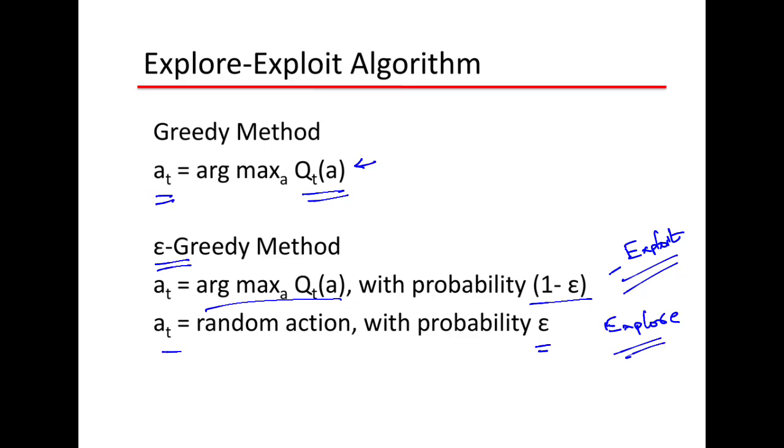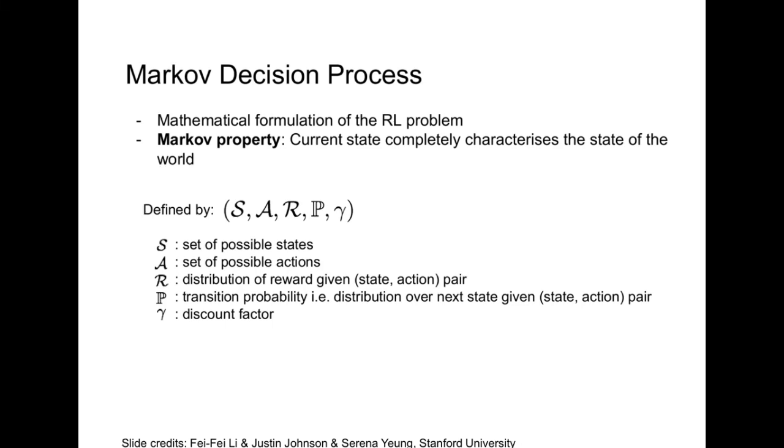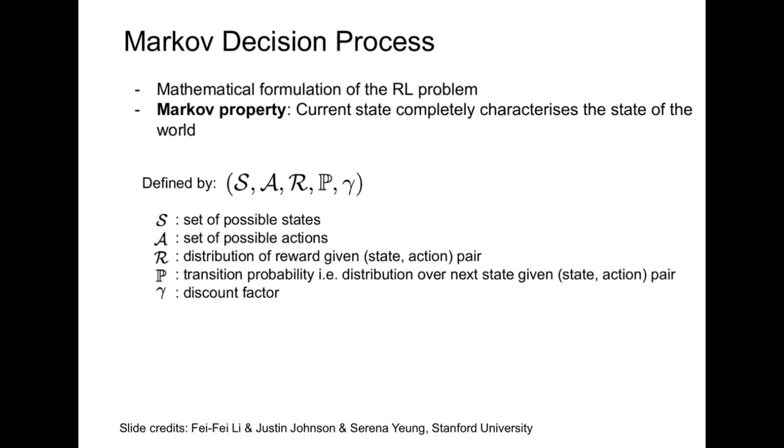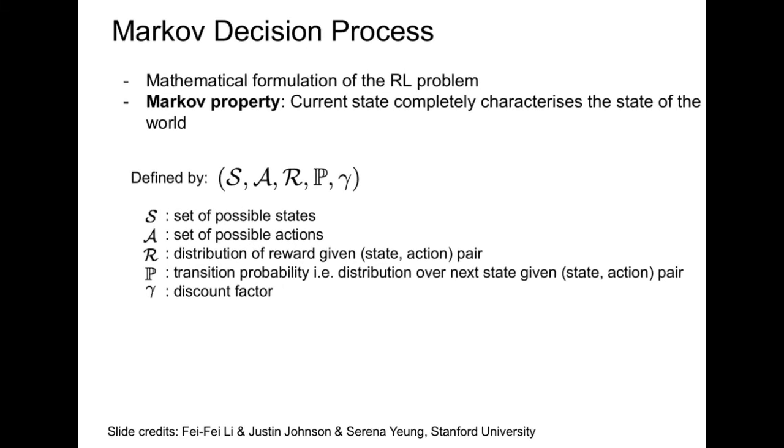This is clear. So now how do we generalize it to a general problem? So now we have a Markov decision process. We have a set of possible states, a set of possible actions, and now my reward is a distribution over state action pairs. So for every state action pair I get a distribution, and there is a transition probability for the state action pair and a discount factor. And this transition probability is also dependent on state and action.